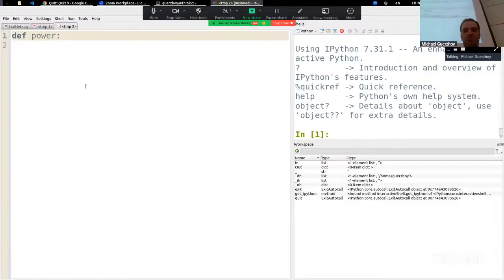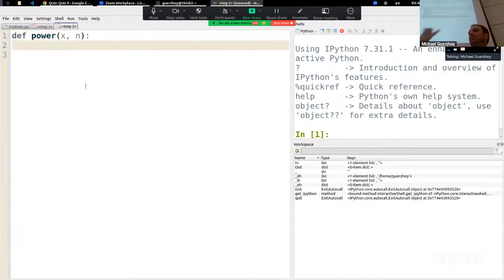So this is power x to the n. Sorry about that. So the idea here, this is kind of analogous to sum list 2. So the idea here is we compute the half power. And the half power is x to the n over 2.